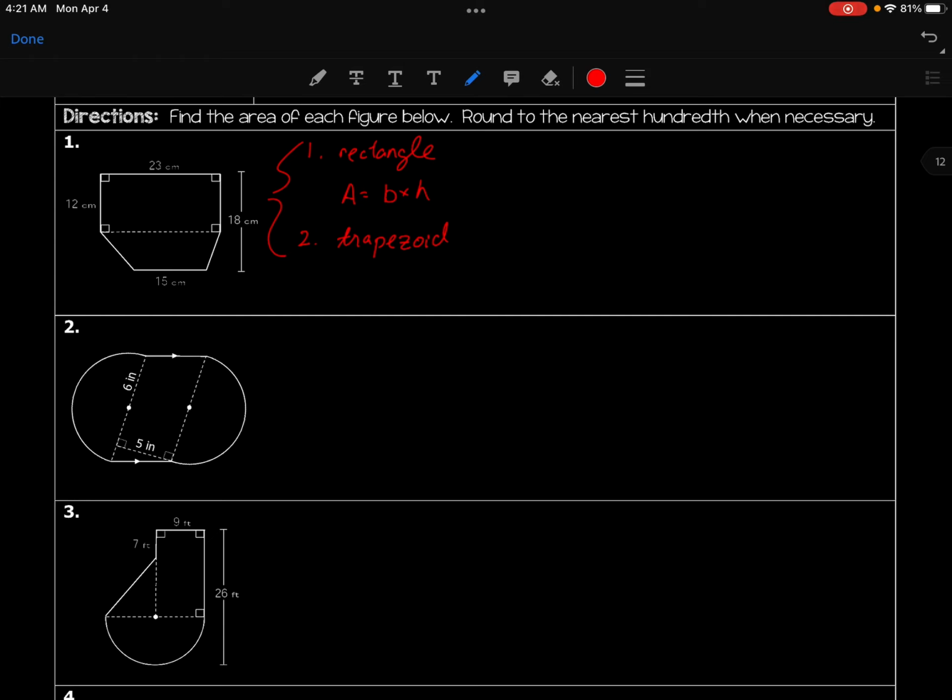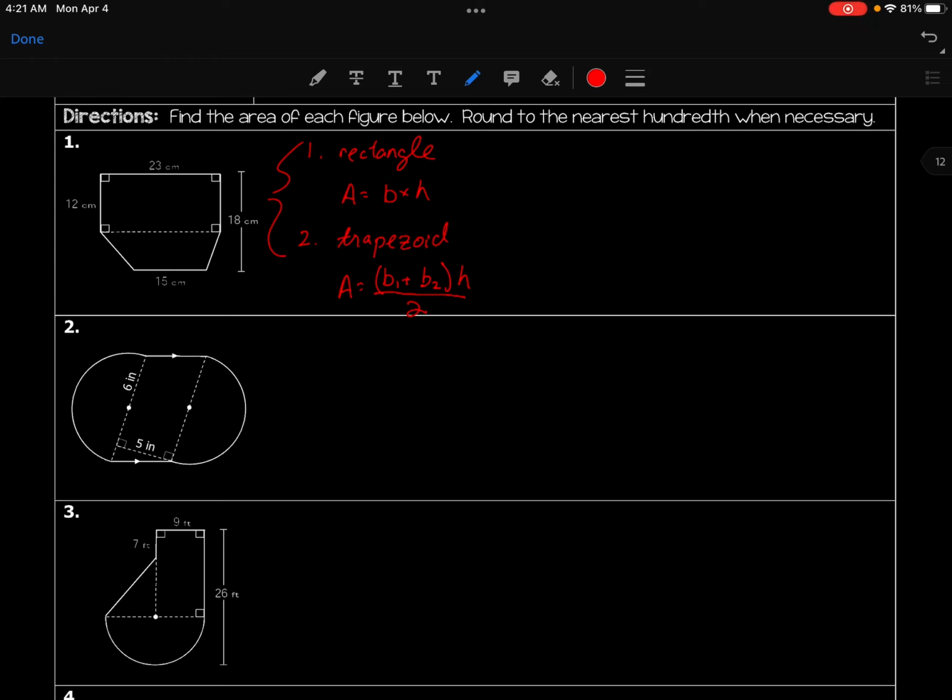The area equation for a trapezoid is area is equal to B1 plus B2 times the height divided by 2. The reason why I'm writing down the equation whenever I'm looking for area is so that I don't forget what I need to do.